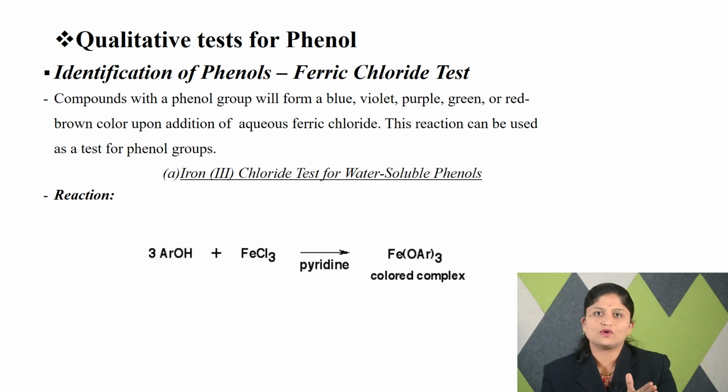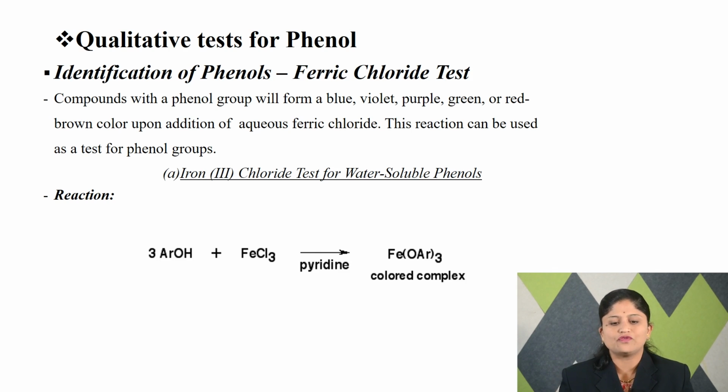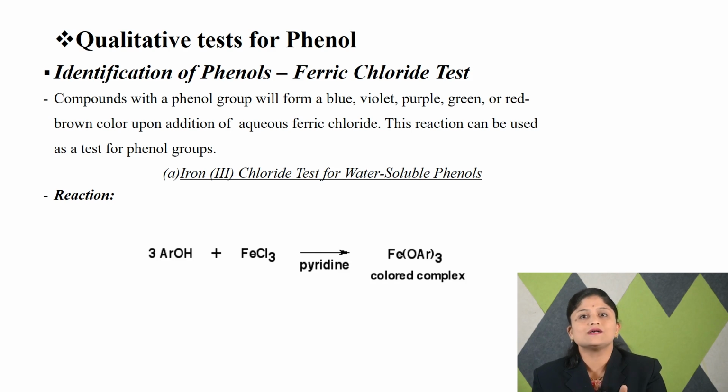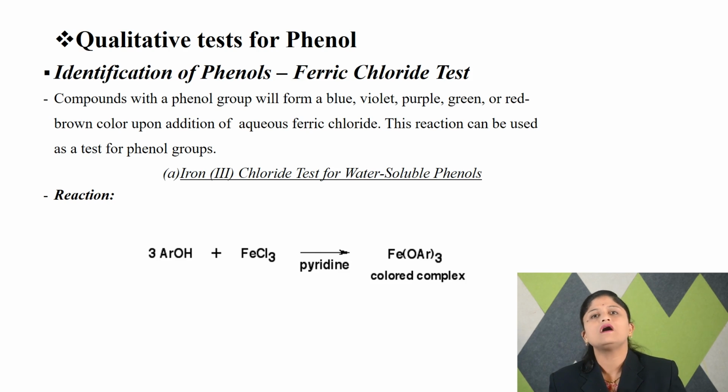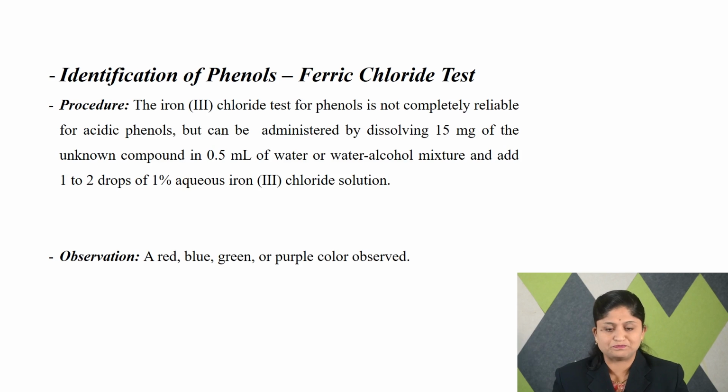So the aqueous ferric chloride solution reacts with phenols and forms colored derivatives depending upon the concentration and the reactivity of that phenol. What type of color do they produce? They produce blue, violet, purple, green and a variety of colored derivatives when they react with ferric chloride solution in the presence of pyridine base.